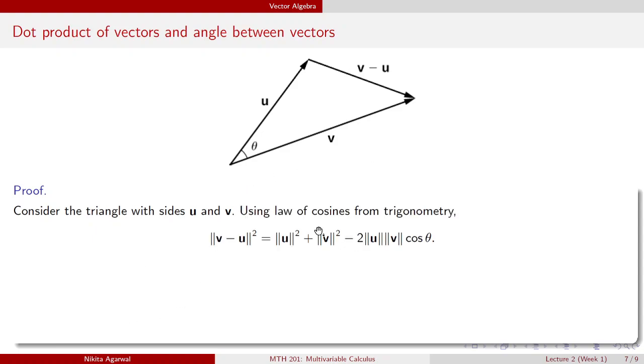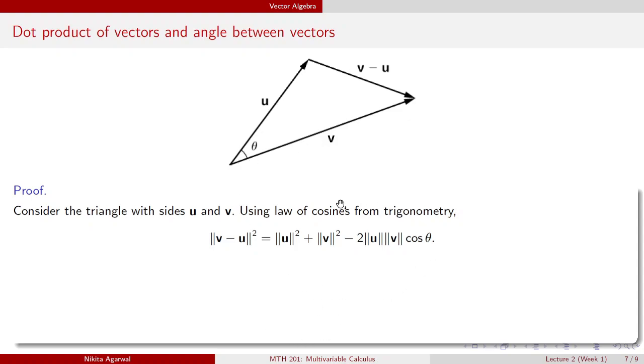Now using the law of cosines from trigonometry, the square of the length of this side, which is norm of v minus u squared, is equal to the length of this side squared, which is norm u squared, plus the length of this side squared, which is norm v squared, minus 2 times the product of the lengths of these two sides times cosine theta, where theta is this angle.